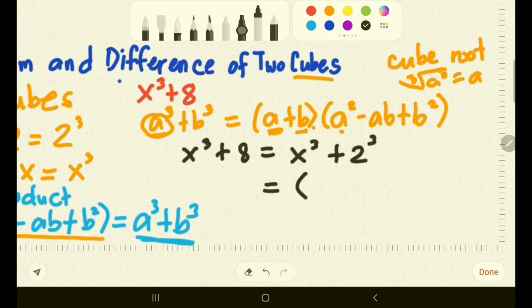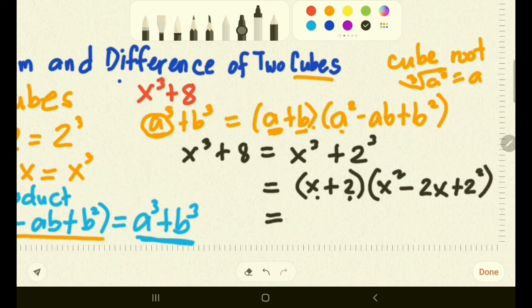The base of the first term is x, the base of the second term is 2. From your binomial factor, you get your trinomial factor. You just square the x, that's the first term, then minus, then multiply x times 2, that is 2x, and then square the second term of your binomial factor, that is 2 squared.